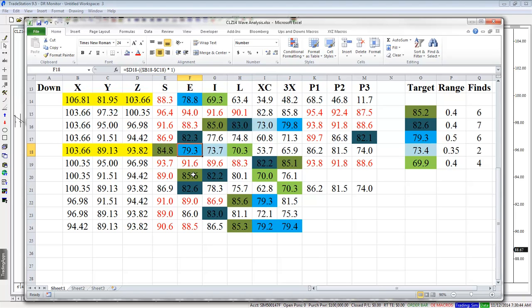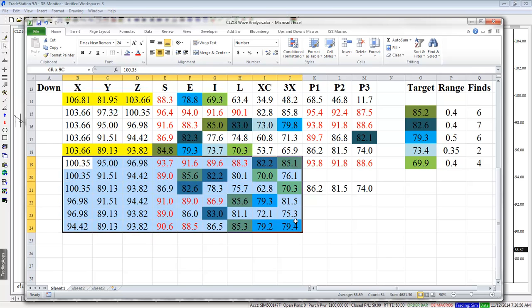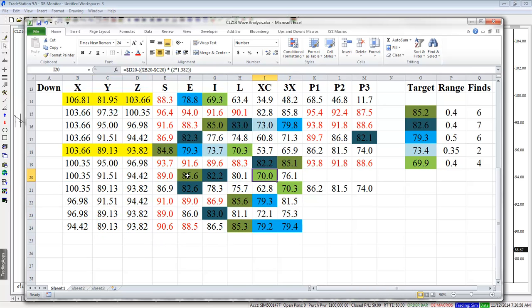There's an extremely good chance that it's going to test 79.30. And if it breaks 79.30, I would expect to see 73.40, and more than likely at that point, 70. Now, these other sub-waves help to confirm the confluence and give us other clues, and these may become more important as time goes on and the move down matures.